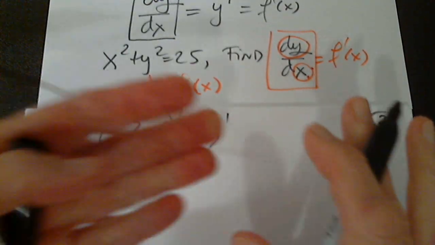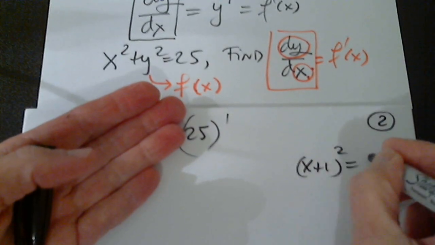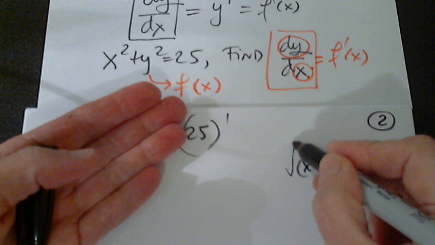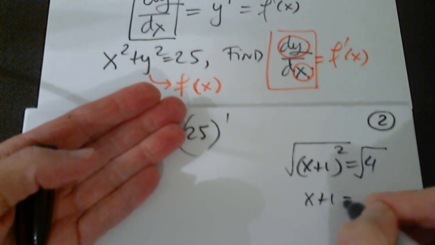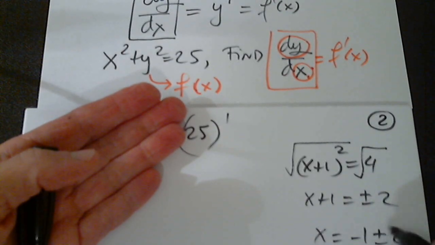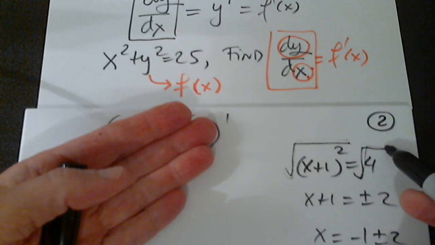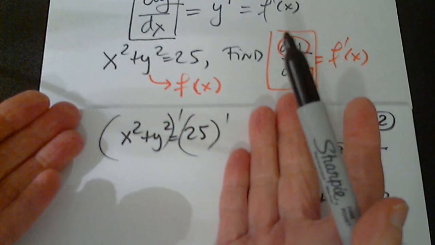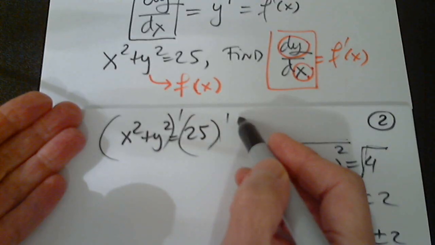It's the same as the process: let's say I have x plus 1 squared equals 4. I apply the square root to both sides to get x plus 1 equals plus or minus 2 and x equals negative 1 plus or minus 2. And of course, I get positive 1 and negative 3. So what I did to the left-hand side, I did to the right-hand side. Same thing here. I differentiate the left and I differentiate the right.